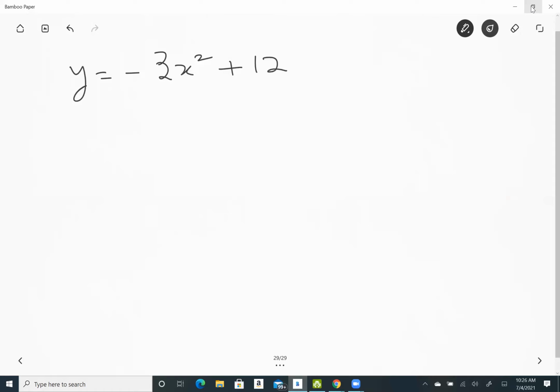Now I want you to repeat the first example, that means find the interval for which the function is increasing and decreasing. Do it now.